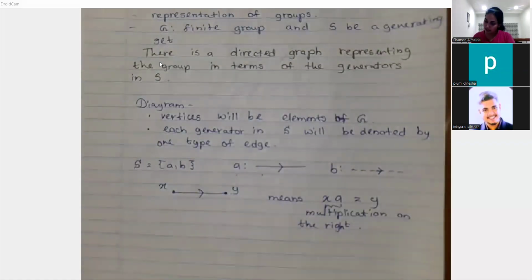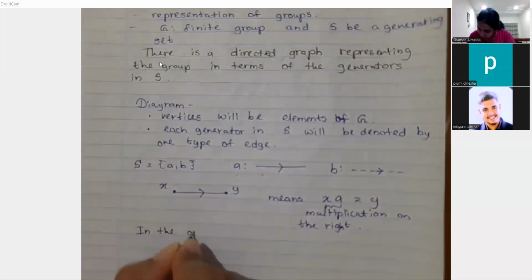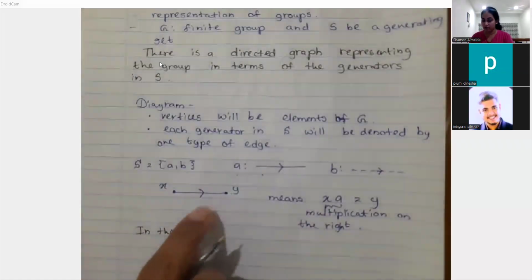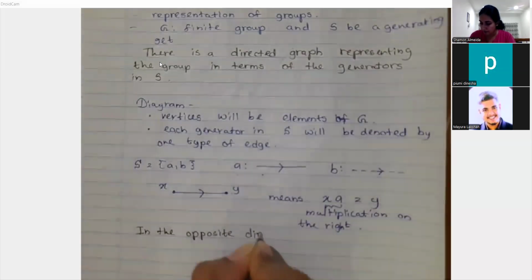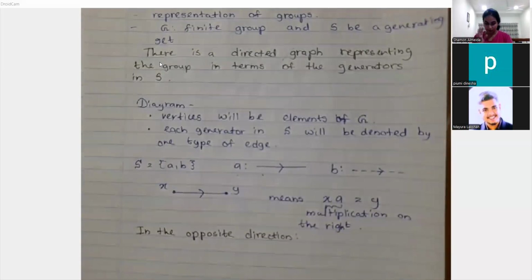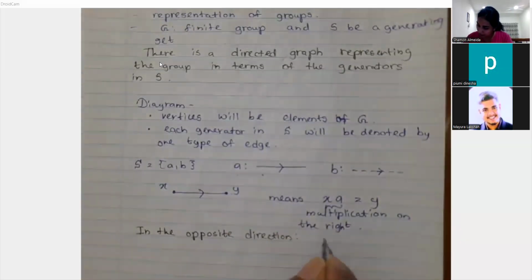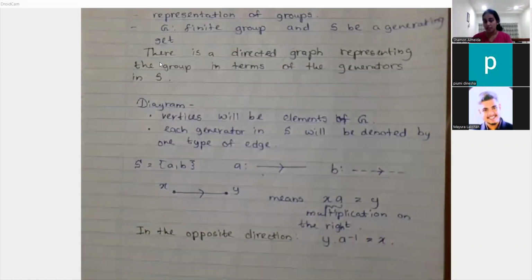Right. So let me write it as: in the opposite direction, for this same segment we are talking about. In the opposite direction, we start at Y. On the right, we take A inverse, which gives X, and this has to be true, right?